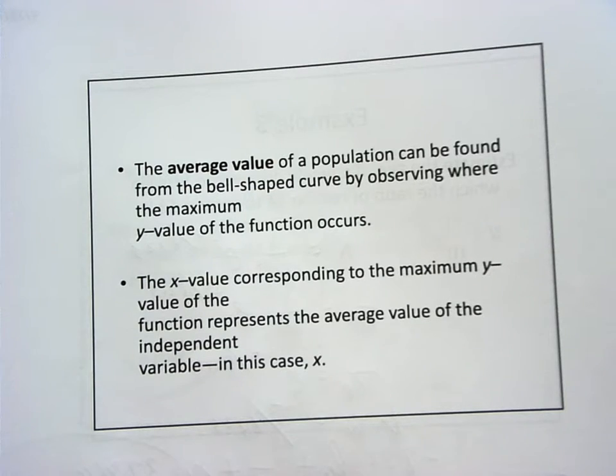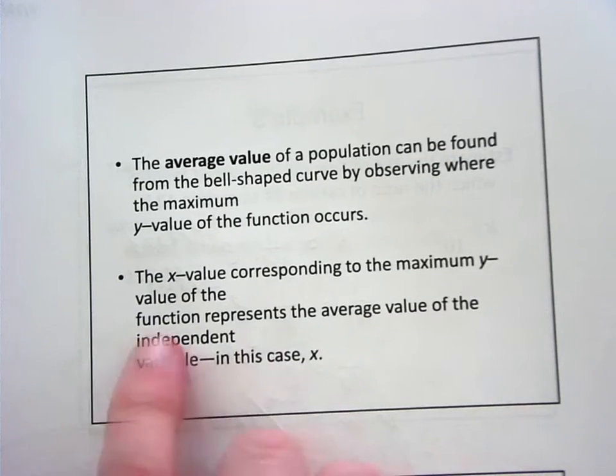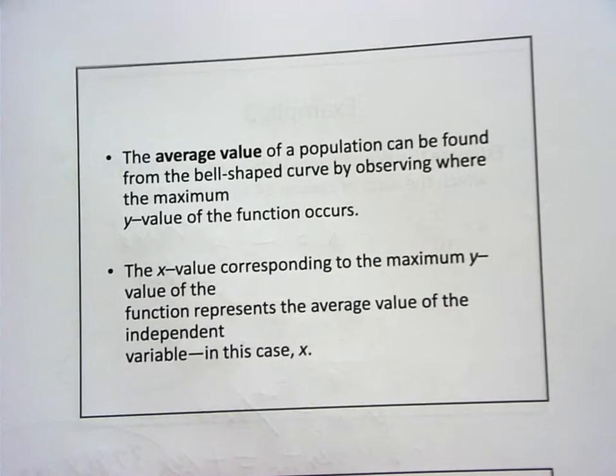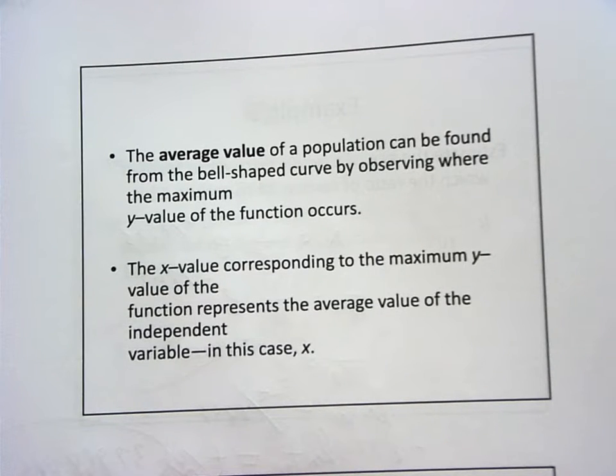The x value is going to correspond to that maximum value of the y. The x value is that average, or is average value of the independent variable. That's usually the one that you're going to want, because the other number, if you're doing a z value of it, which is what you're doing for this kind of stuff, is going to end up being some number smaller than 1. It's kind of percents, but not really.